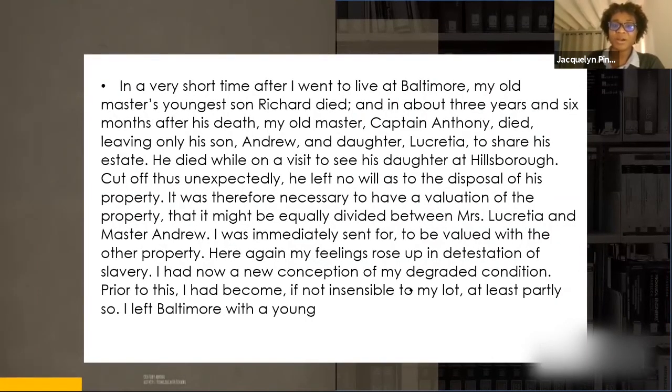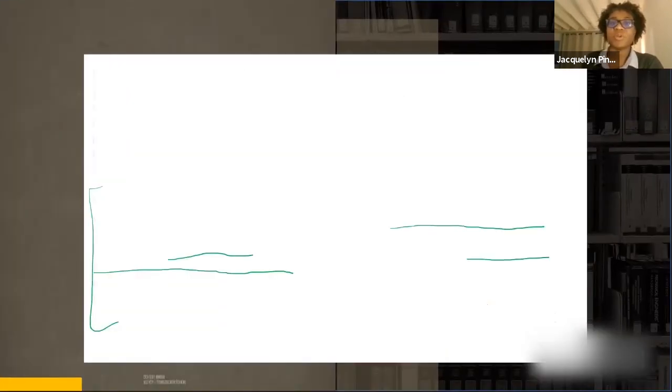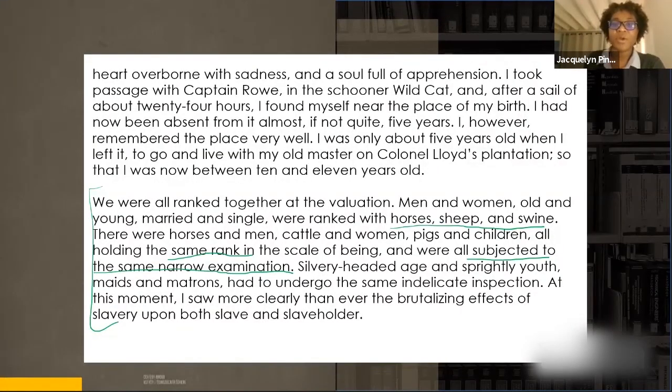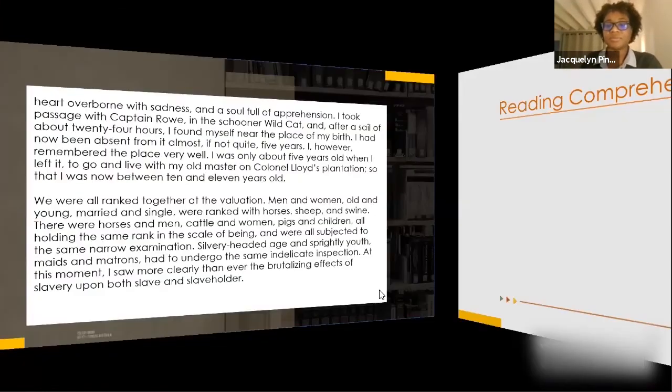We have here again, my feelings rose up in detestation of slavery. Degraded condition. And once again, what we had pointed out there. Okay. Indelicate. Oops, go back.